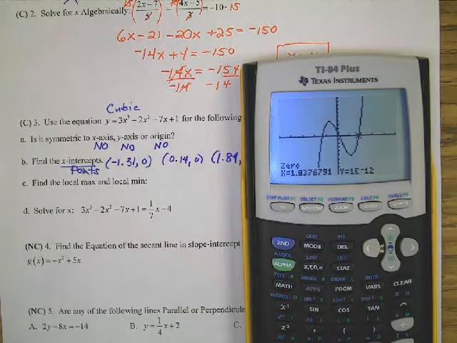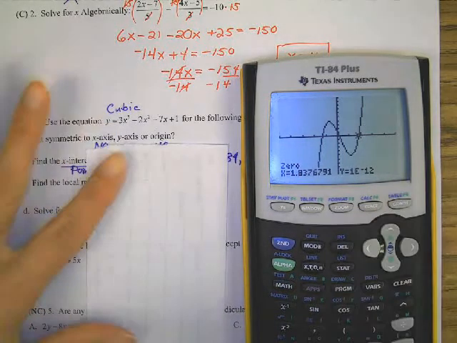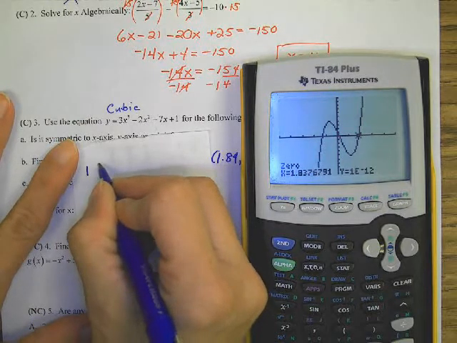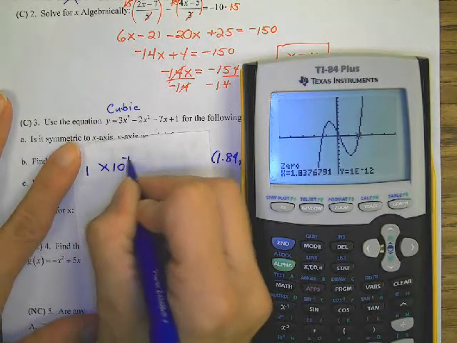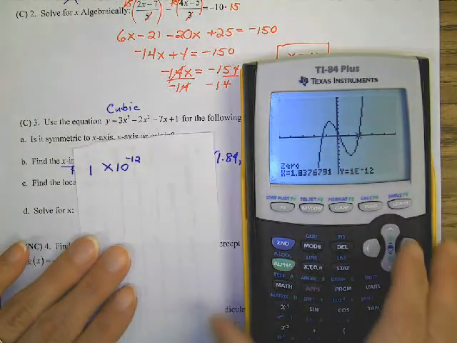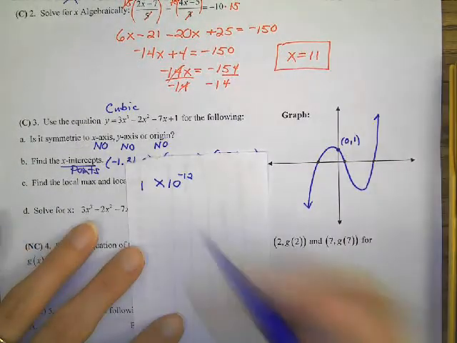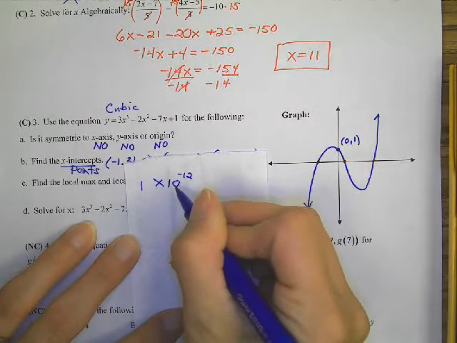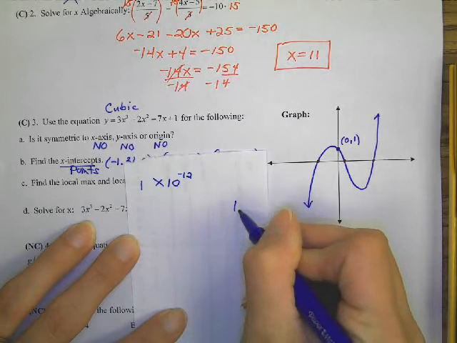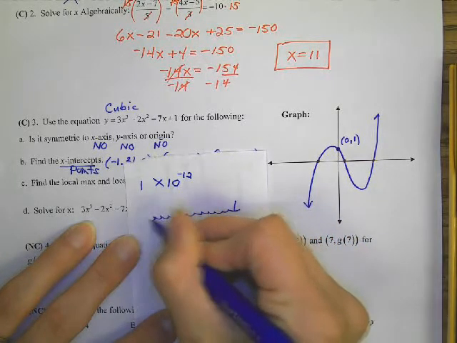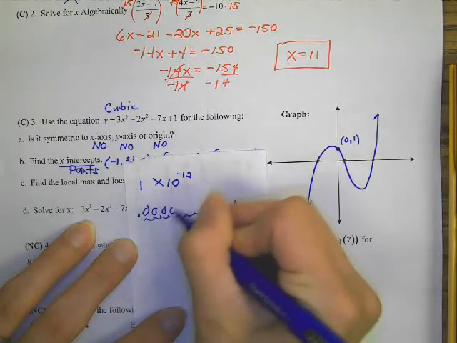The calculator was trying to get really, really close, and the closest it was able to get was 1, but I have to move the decimal 12 places to the left: 1, 2, 3, 4, 5, 6, 7, 8, 9, 10, 11, 12. So this is the answer that the calculator gave you: 0.000000000001. The best it could get is that it's trying to say 0. So you just say 0.